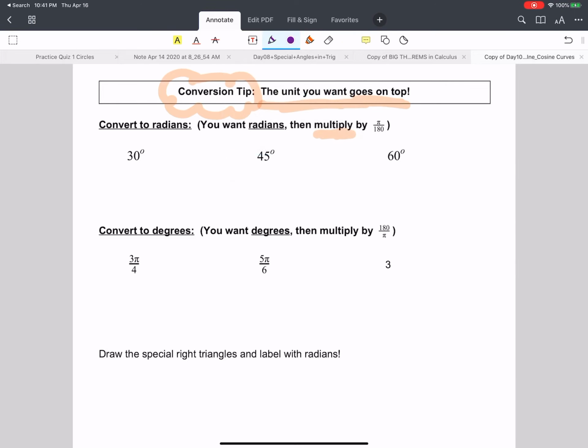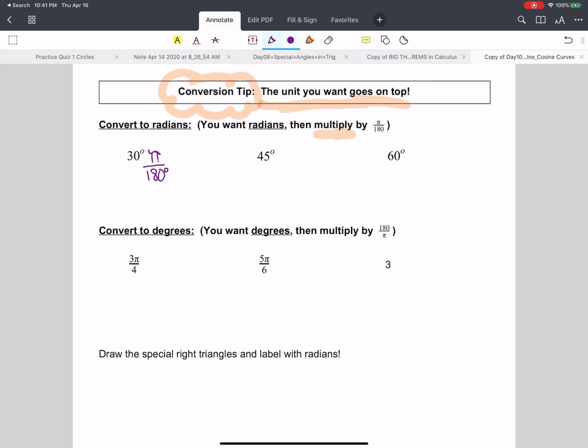So in other words, I have 30 degrees and I'm like, oh, I've got to change it to radians. You can try and figure it out, but the easiest way to convert to radians is: I want radians, so I multiply by pi because I know pi is equal to 180. So pi over 180. And then I reduce that fraction.